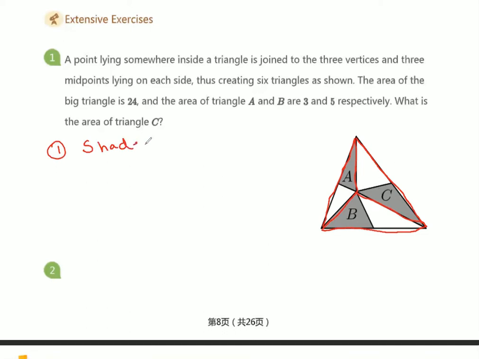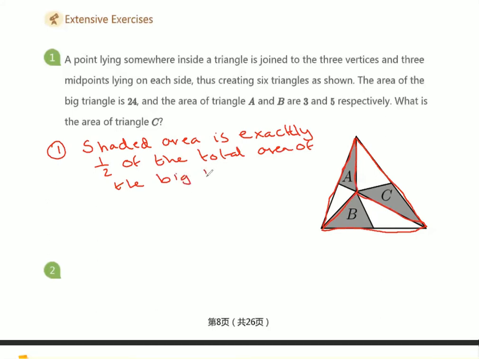Okay, so in other words, we know that the shaded area is exactly a half of the total area of the big triangle.